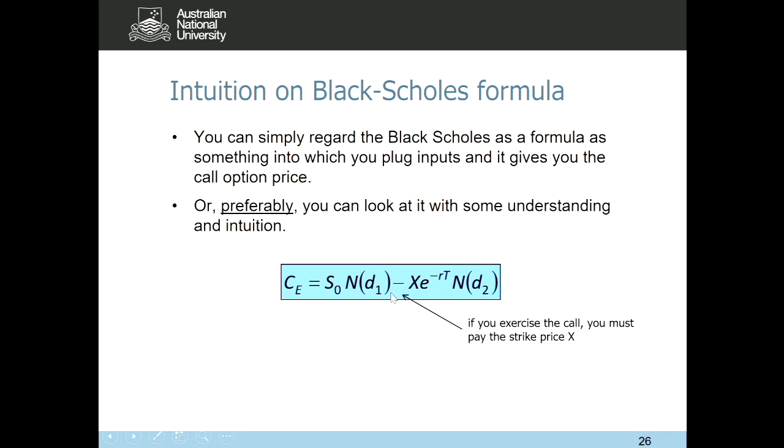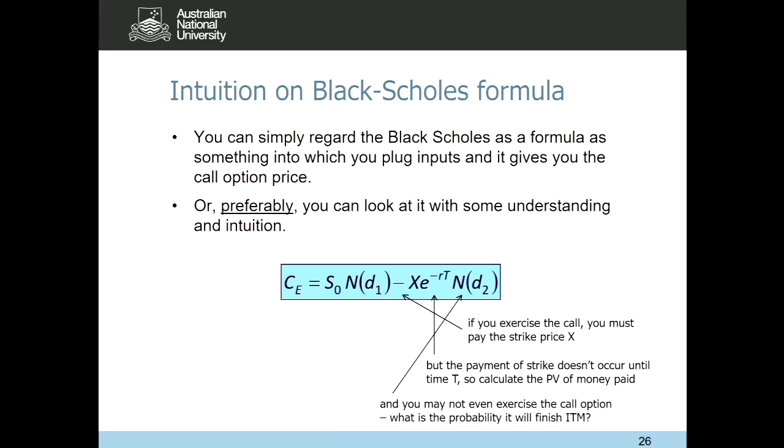Now, this strike price is paid at the maturity date because this is a European option. So we discount this strike price back to the present. That's the minus X times e to the power of minus rfT. That's basically what it tells us. That's what I mentioned about discounting the strike price back to the present.